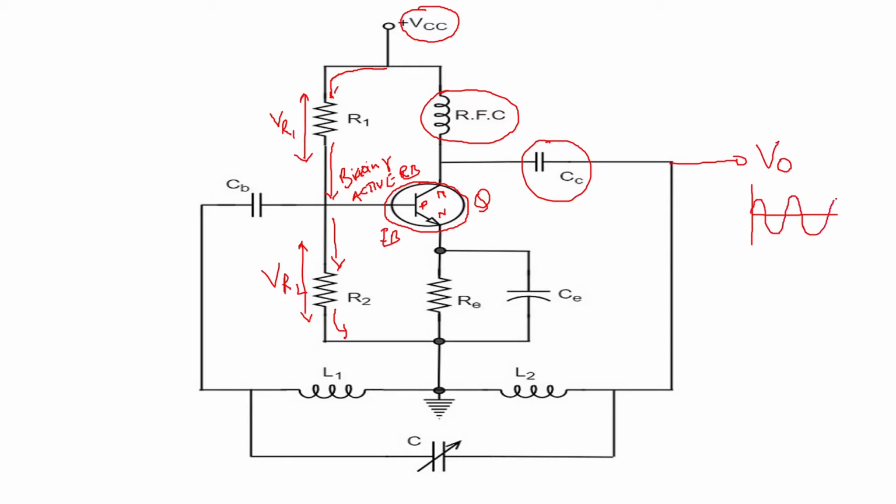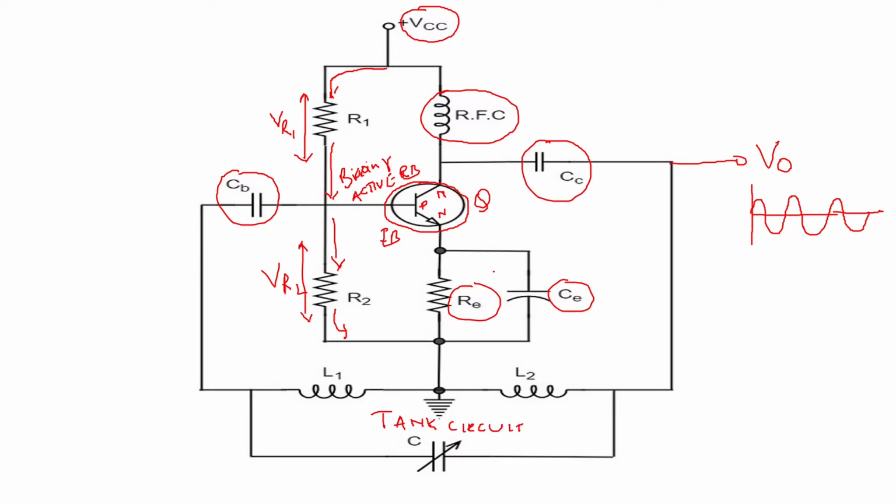How these oscillations are produced depends upon what feedback you are giving. And here you have your RE and CE circuit, so that the circuit is stabilized, and this is the input blocking capacitor. And here you see the tank circuit. This is your tank circuit.